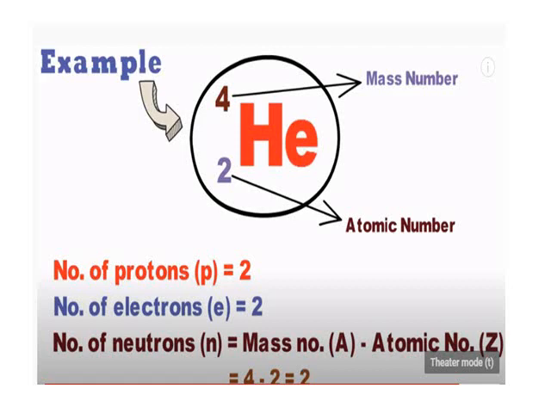So helium has 2 protons. In a neutral atom, the number of protons should be equal to the number of electrons. Therefore, helium has 2 electrons. And the number of neutrons is calculated by mass number minus atomic number. 4 minus 2 is 2. So helium has 2 protons, 2 electrons and 2 neutrons.